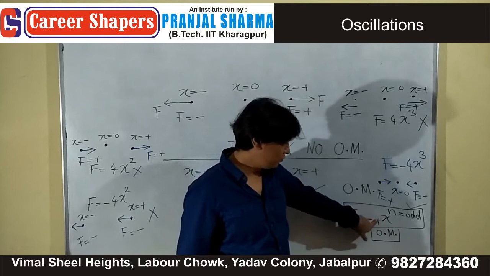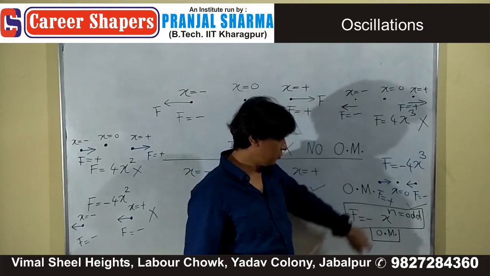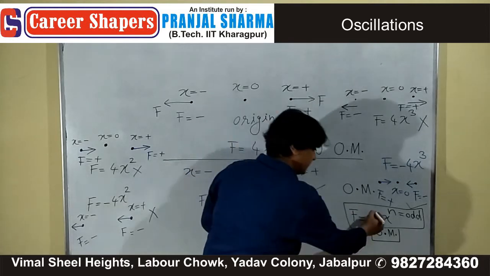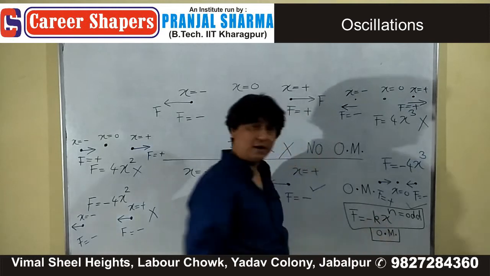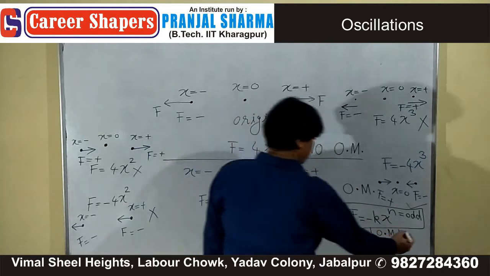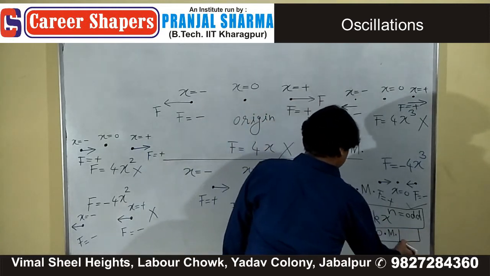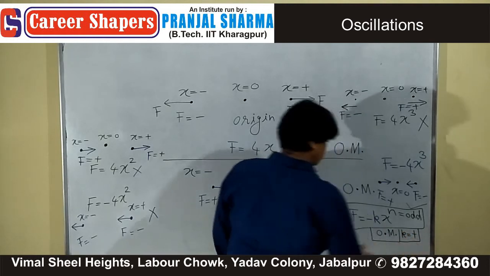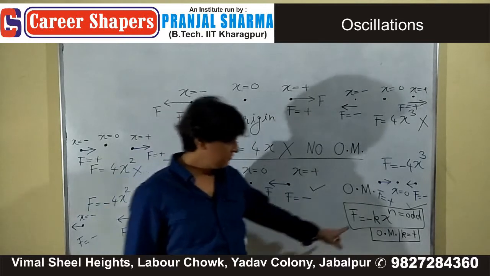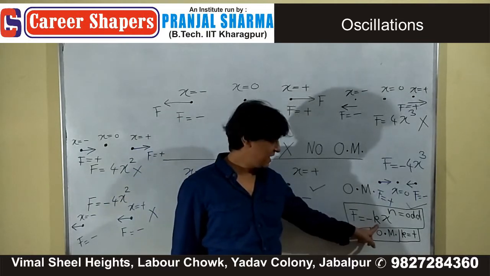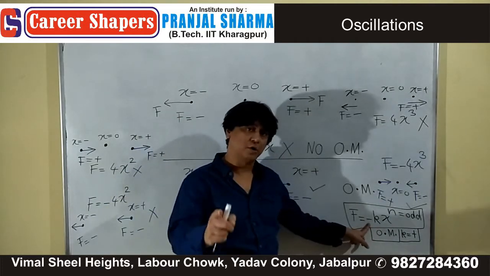You can replace this 4 with some constant. Write down k. Remember, this constant k should be positive. Why? If k itself is negative, then negative and negative will become what? Positive.